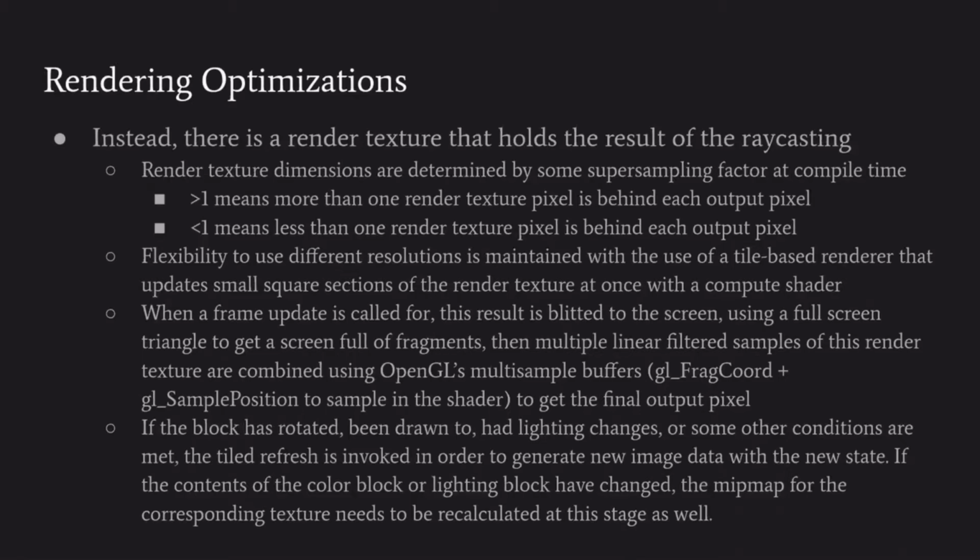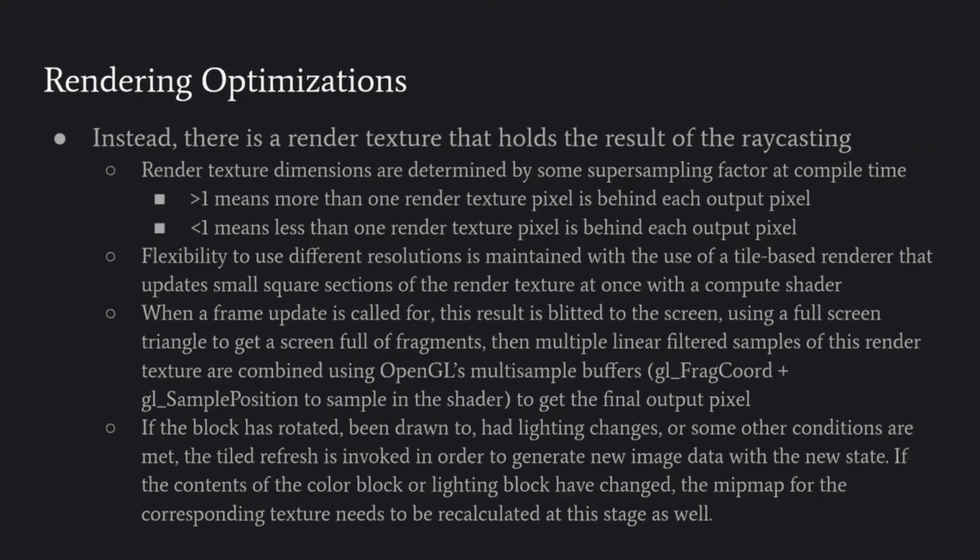So anyway, those are some of the optimizations that have developed over the past few versions of this. There's a render texture that really enables a lot of things. The dimensions are set at compile time, but you have this super sampling factor that says: I have this render texture, how many times higher is its resolution going to be than my screen's resolution? Less than 1 means there's less than 1 texel behind each output pixel, and correspondingly greater than 1 you have super sampling, right?